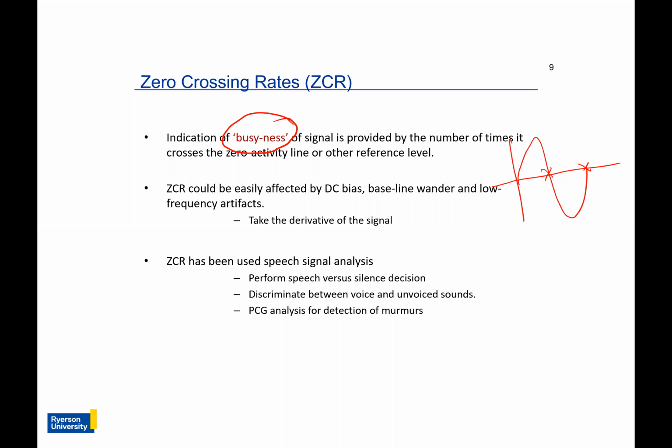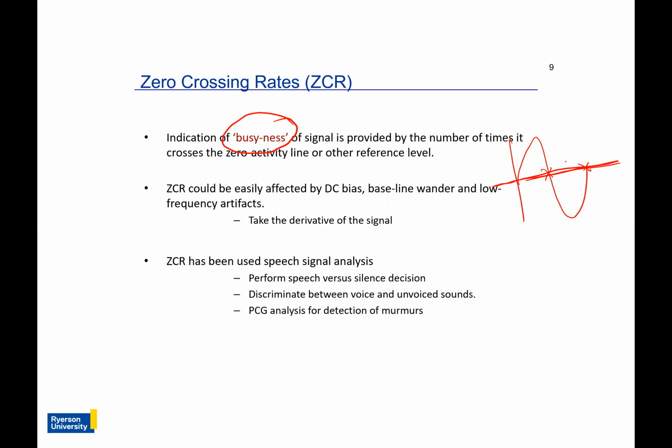Definitely this particular value could be impacted by the reference line or the DC bias line. So you have to make sure there's no baseline wander or low frequency artifact. If there is, then you know how to remove it by taking the derivative and making the baseline 0, so that you can compute the zero crossing rate in a very effective way.